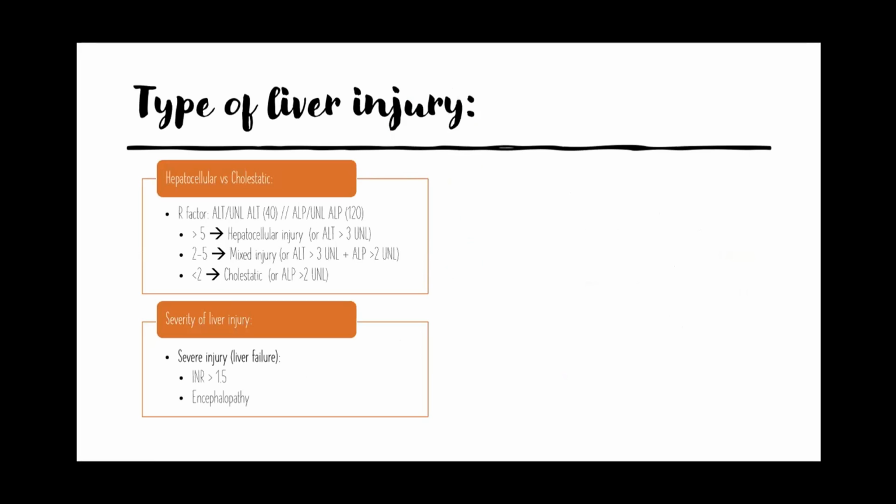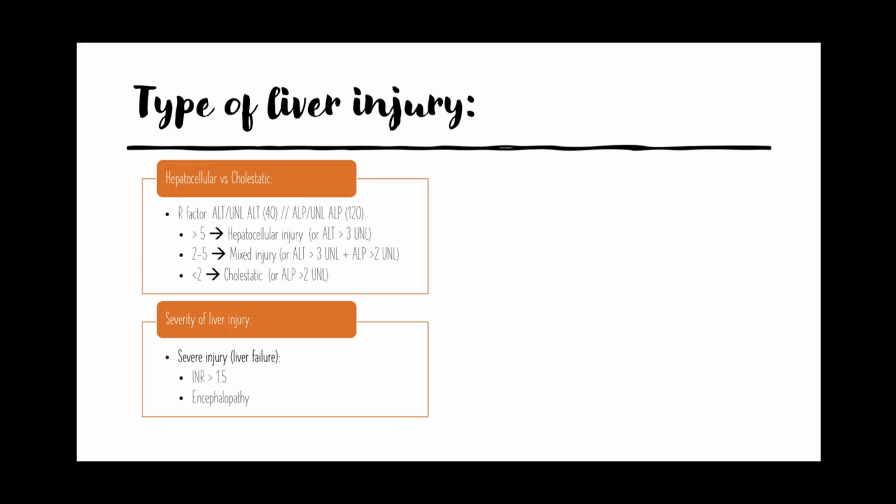Just before starting the cases, I want you to get some tips on how to differentiate liver injury. In general, we divide it into hepatocellular versus cholestatic based on the ALT to ALK-FAS ratio. If you open up your MDCalc, there is something called the R factor, which calculates the ratio between ALT and ALK-FAS.